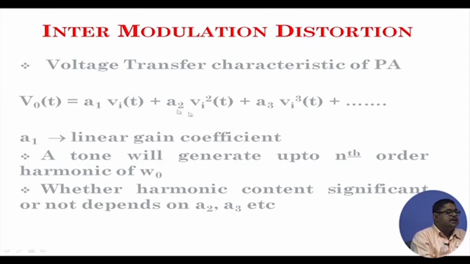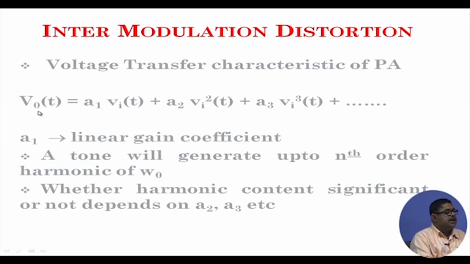Now, usually these A2, A3 coefficients of the nonlinear components are small. So, in small signal values, if I have Vi t small, then this value is not much, and this value is further smaller.